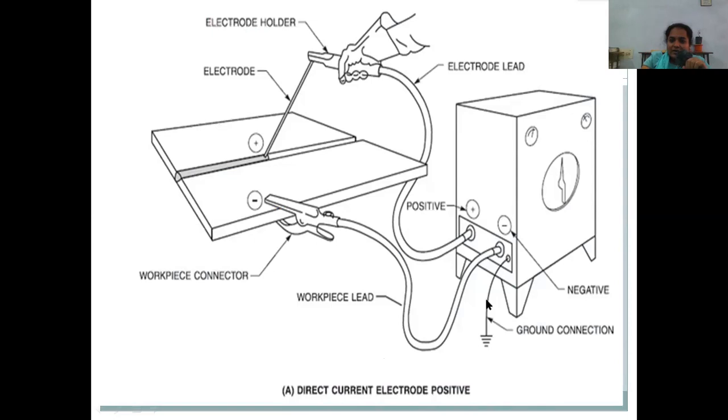For arc welding, this is the arc welding machine, where we have an earthing wire which is placed on the table, and on which you will place the weld joints, the metal pieces which have to be joined. And this other wire is connected to an electrode holder. The electrode holder is connected with the electric rod which will be melting.